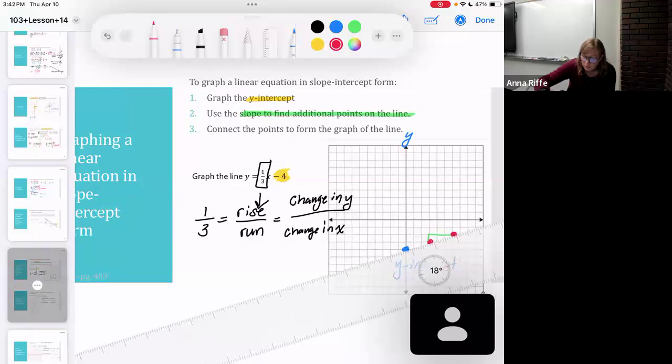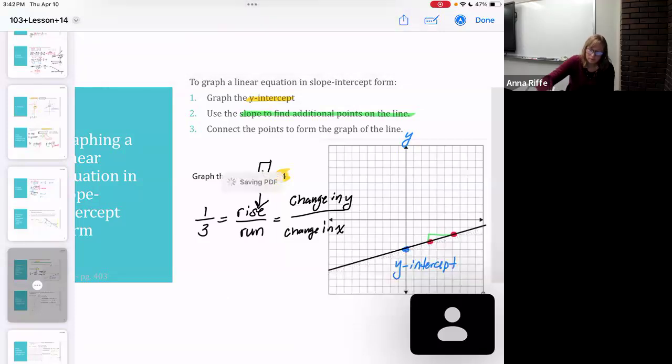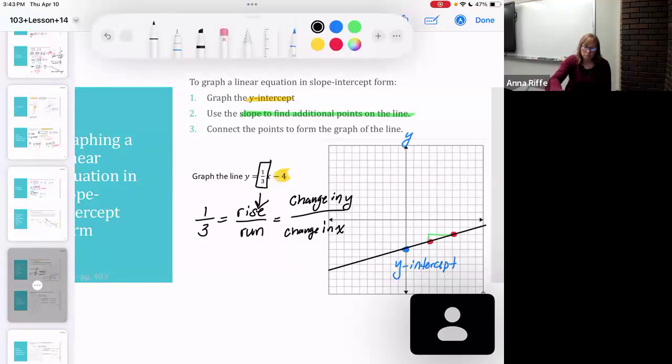And that gives me the graph of that equation. It's a very poor graph. Let me try that again. There we go. That goes through the points a little better. Okay. Any questions on that so far?